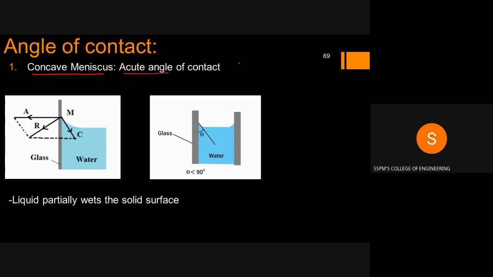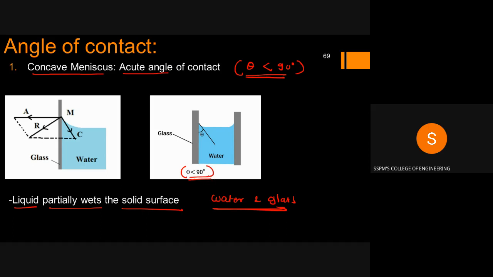It means theta is less than 90 degree. This angle is observed for the liquids or fluids which partially wet the solid surface. So an example is the water and glass contact. For water and glass contact, we can always observe the angle of contact is less than 90 degree, which is the acute angle.